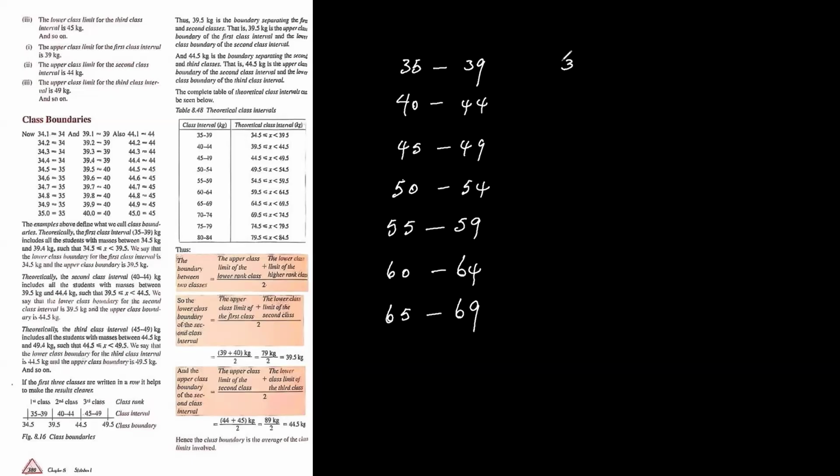So, for the first interval, you have 35, 36, 37, 38, and 39. But if I tell you 34.9, is that approximately 35? Yes or no? Yes, sir.